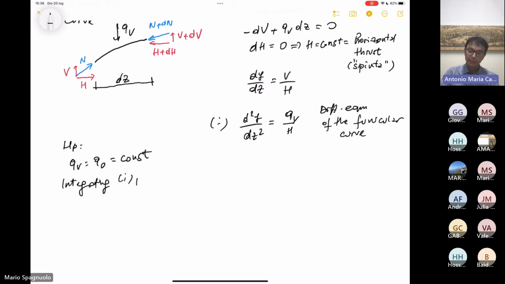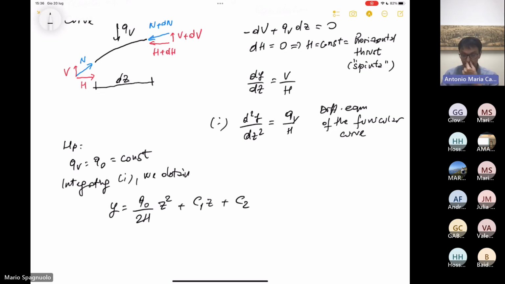We obtain the expression of a parabola, which is q0 over 2H z squared plus c1 z plus c2.